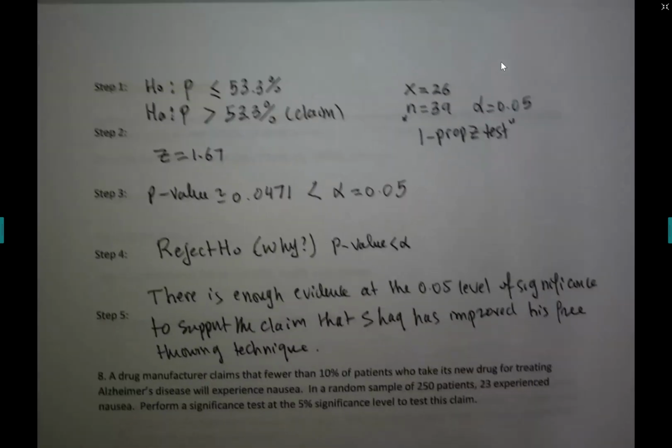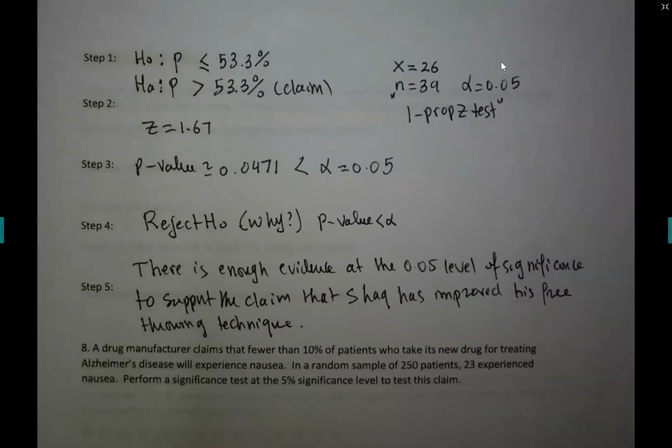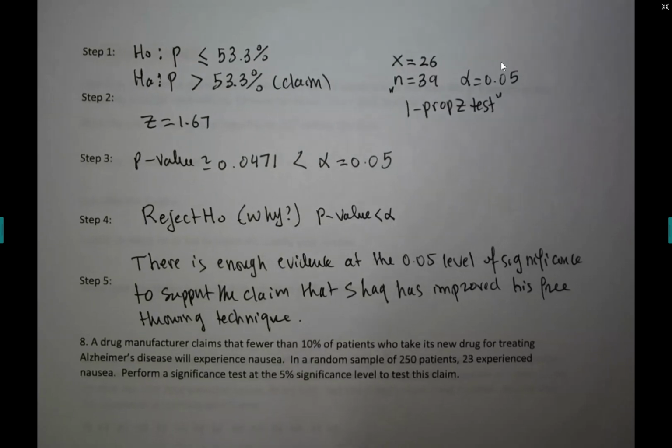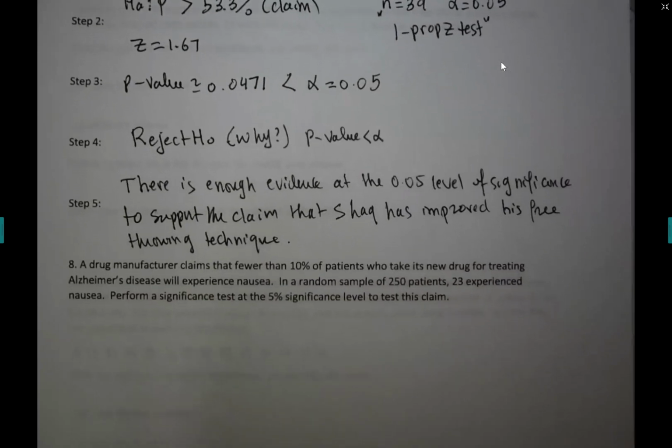This is the first time we do an exercise where we support the claim. So there is enough evidence at the 0.05 level of significance to support the claim that Shaq has significantly improved his free throwing technique. Okay, let's go to the next one.